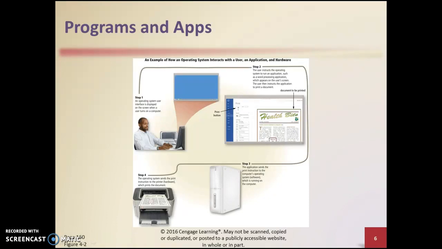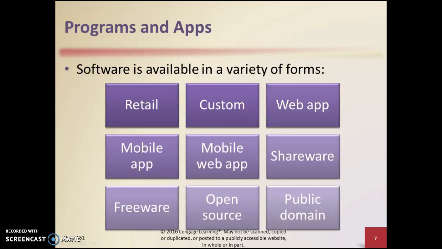The user then instructs the application to print the document. Step 3. The application sends the print instruction to the computer's operating system software, which is running on the computer. Step 4. The operating system sends the print instruction to the printer hardware, which prints the document.